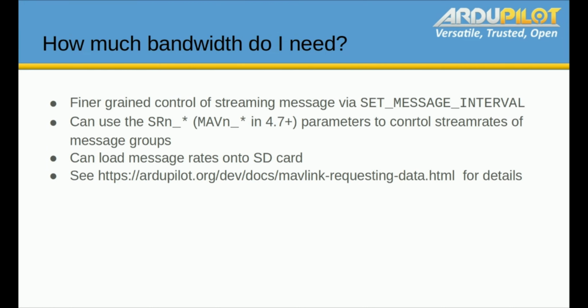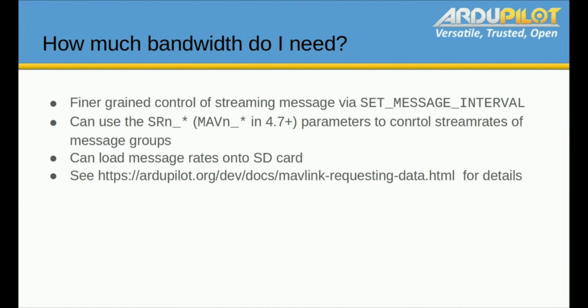On the ArduPilot side, you can also use the stream rate parameters, which have now been renamed to the MAV rate parameters in Master 4.7 plus, in which case ArduPilot will decide how often to send the messages. So if you don't want the GCS to tell ArduPilot how quickly to send data, you can do that on the ArduPilot side instead.